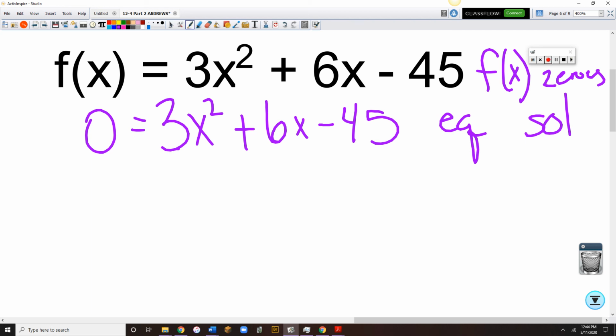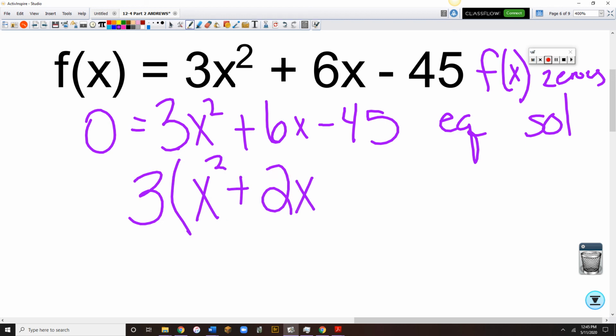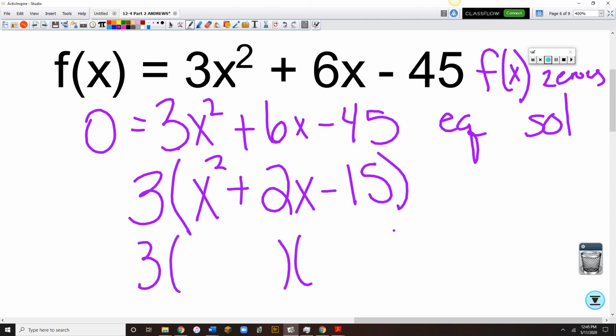So first I'm going to notice that there's a 3 out in front, so I'm going to try, can I factor out the 3? 6 divides by 3, 45 divides by 3, so it does. And I'd be left with x squared plus 2x minus 15. Bring down the 3, split the quadratic part into its two factors.